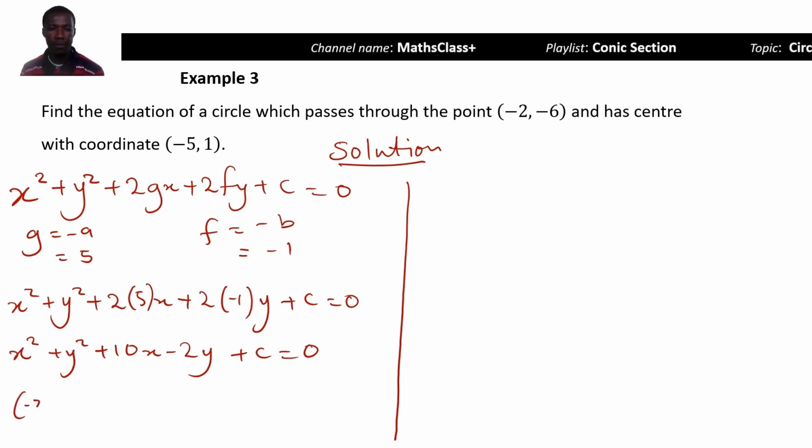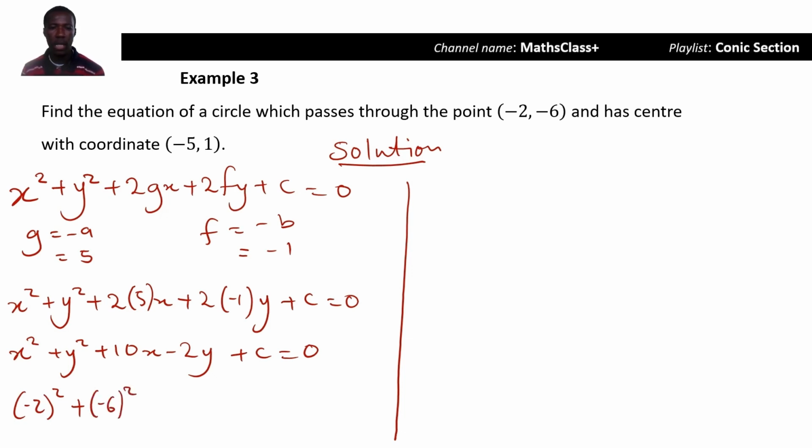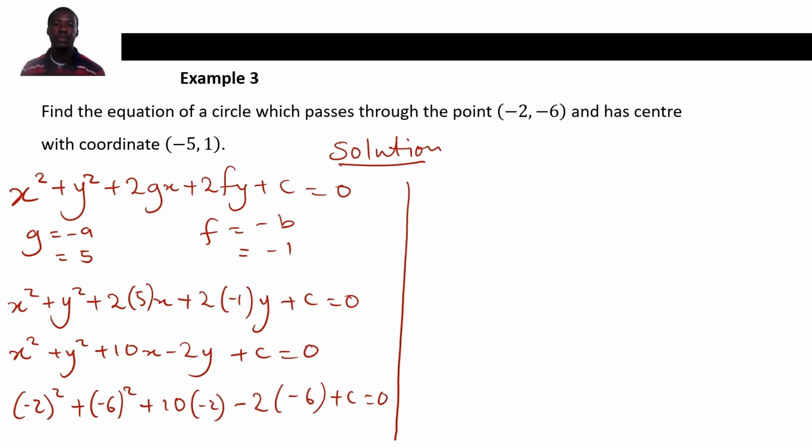So I have negative 2 squared plus negative 6 squared plus 10 times negative 2 minus 2 times negative 6 plus c is equal to 0.